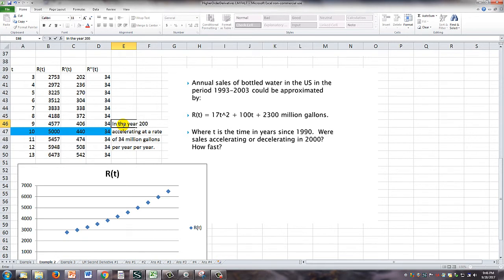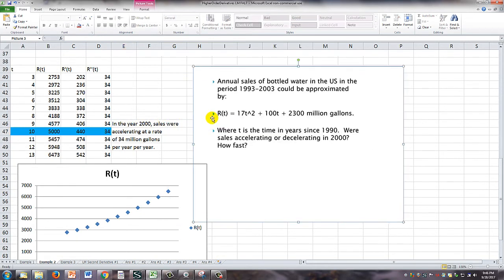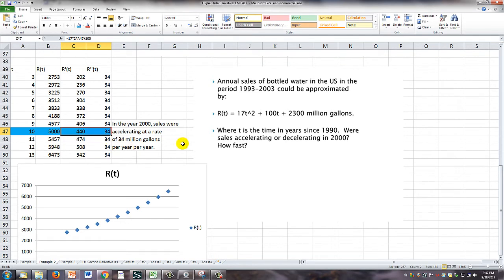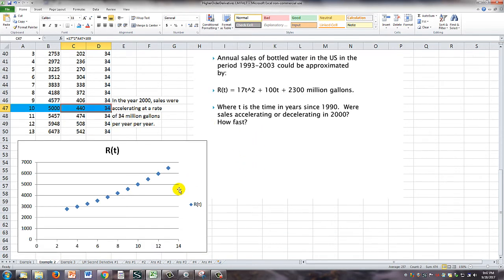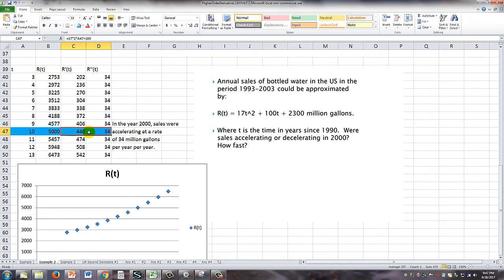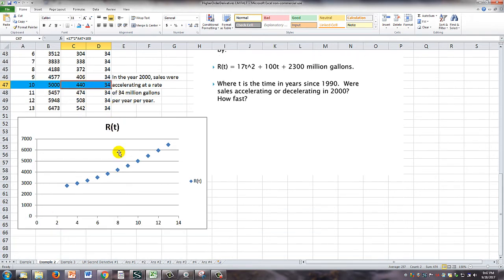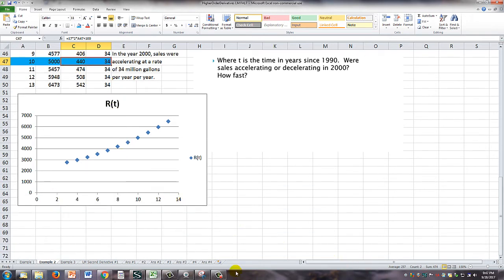So now we have everything. In the year 2000, sales were increasing at a rate of 34 million gallons per year. And we know it's acceleration because those signs are the same. And yeah, if you want to memorize that, that's very helpful, using that second derivative.